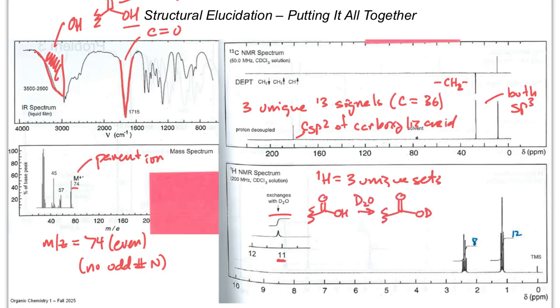So that H becomes deuterium, and that's an acid-base reaction, which leads us into the next module that will start on Wednesday. But that's an assignment. So we've assigned one of the H's to the acid.